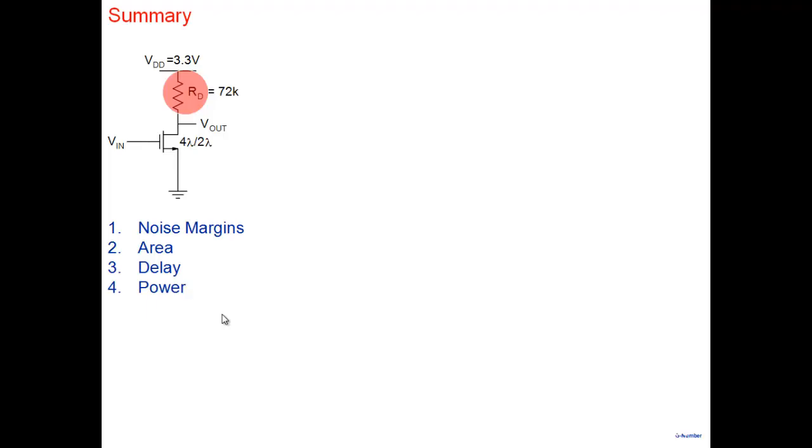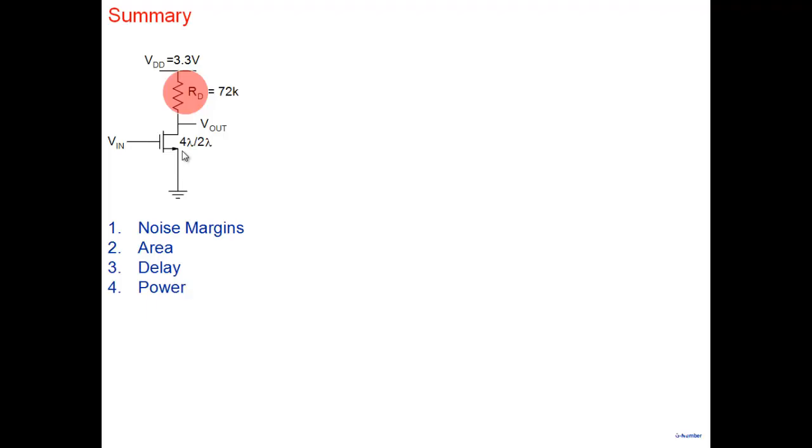If I fix my transistor size for a moment, let's say I use a minimum size transistor, 4 lambda by 2 lambda, then the only design parameter that I'm left with is RD. What value of RD do I choose?